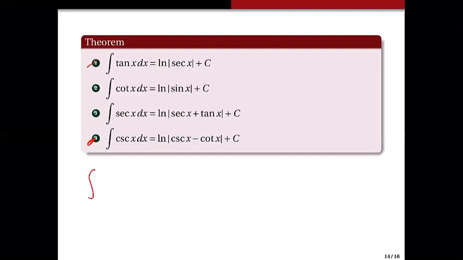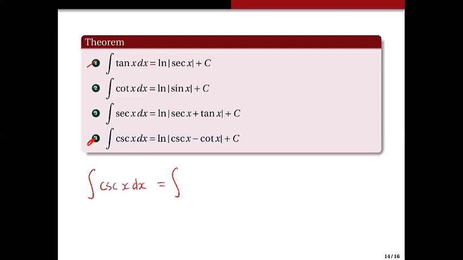So you have the integral of cosecant x dx. The trick here is to multiply and divide by cosecant x minus cotangent x.